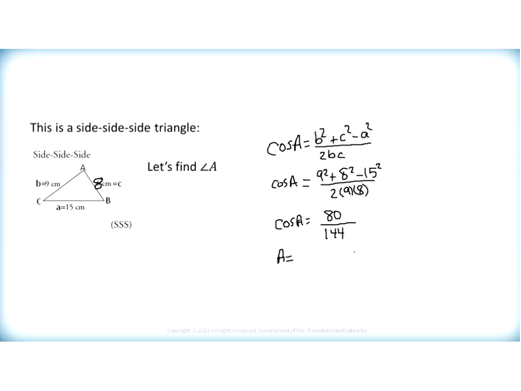So what I'm going to do is I'm going to find the inverse cos. So cosine to the power of -1, apologies, this should be -80 up here as well, of -80 divided by 144. So now I'm going to go into my calculator.